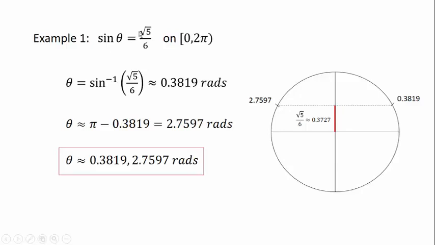So for sine of theta is root 5 over 6, there are two answers, one in the first quadrant, one in the second quadrant. So here they are approximately. Now notice that whenever you have an equation like this, you will in fact have two answers because that vertical distance yields two separate points. So one over here in the first quadrant, one over here in the second.